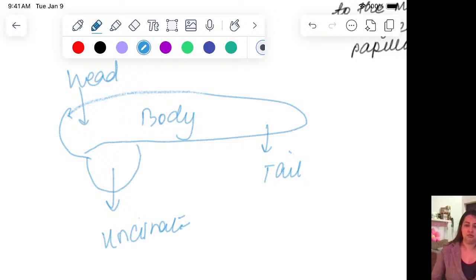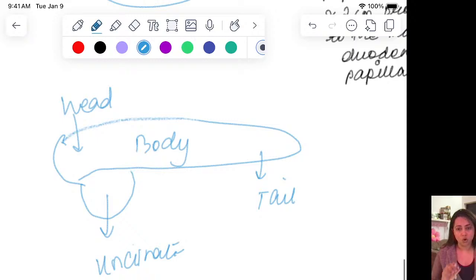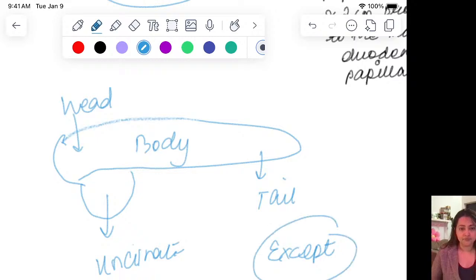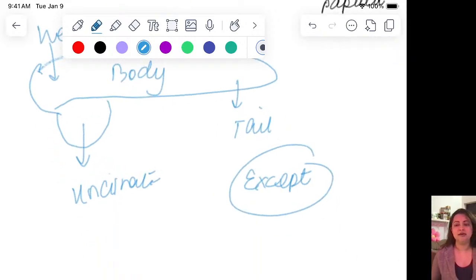Remember, all the parts of the pancreas are going to be retroperitoneal, except, see, exceptions are always important. All parts of the pancreas are retroperitoneal, except which part? We are going to talk about the tail.